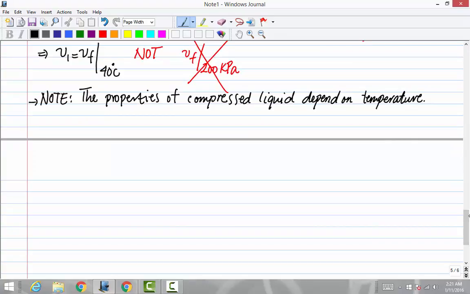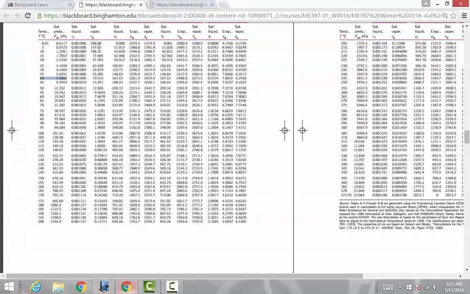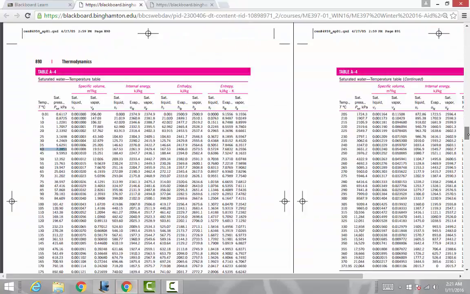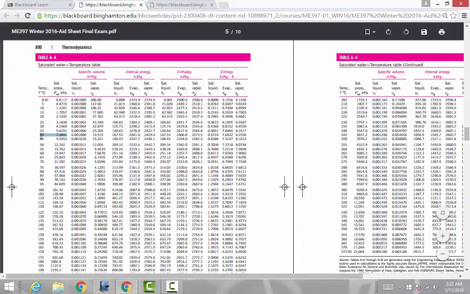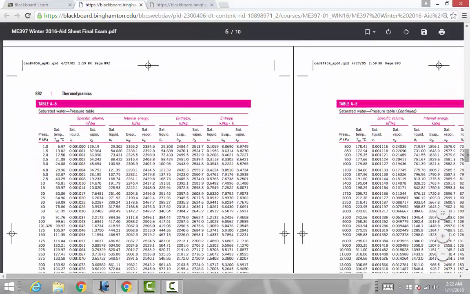So we need to go to which table? This is the trick. We need to go to table A4, right? Because I told you that in A4 we have all these temperatures that we can use. If we go to the other one, we have the pressures. We're not going to judge based on pressure, we're going to judge based on the temperature.